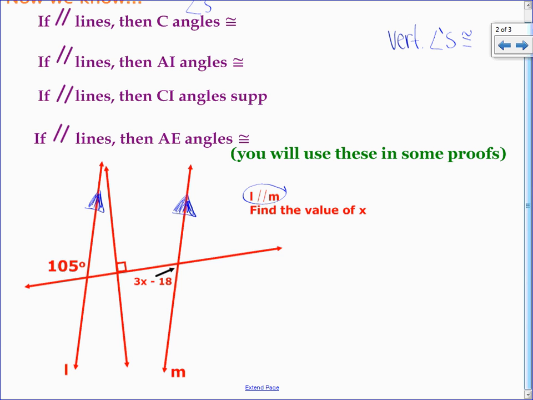The line in the middle is actually extra information that we can ignore, that perpendicular line. But this 105 can be written in other places. Where could we write it? Where else is it 105 degrees because of those parallel lines?